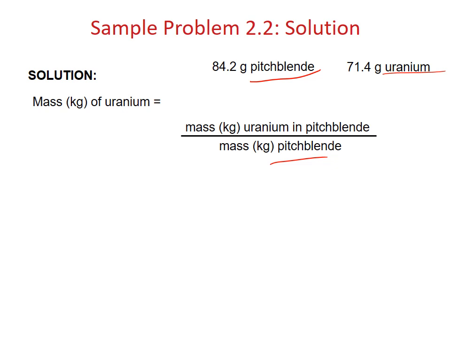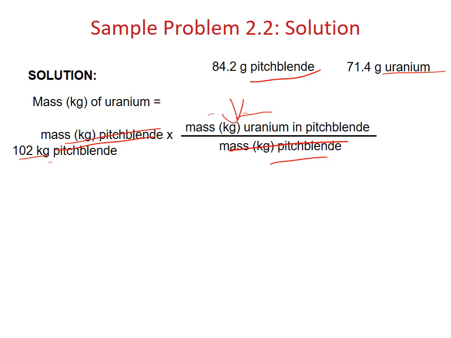The reason is that if you multiply by the mass of pitchblende of the larger sample, which is given as 102 kilogram, the mass of pitchblende cancels, and what you get is the mass of uranium.